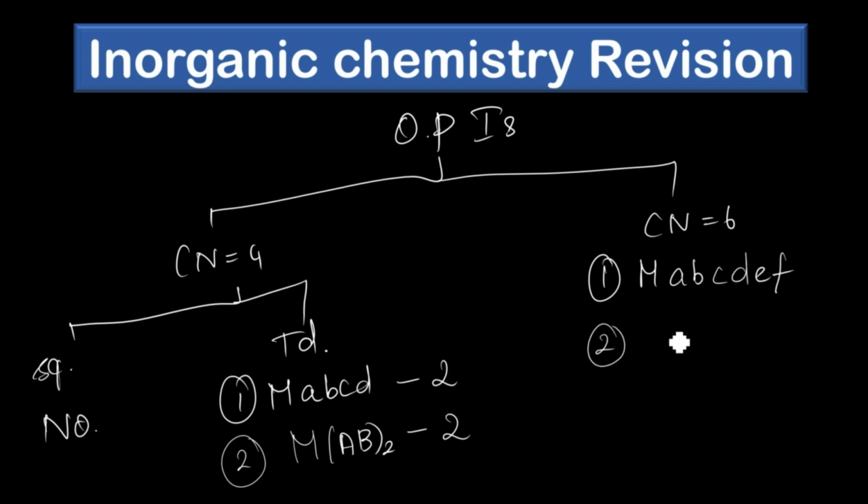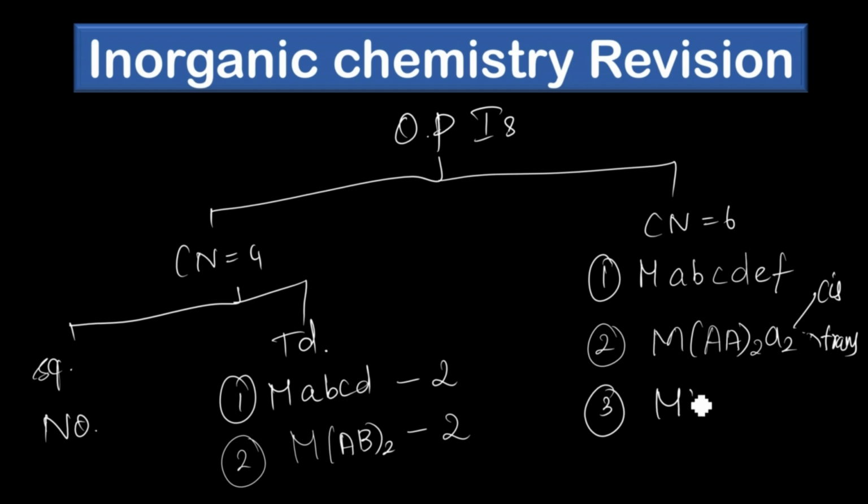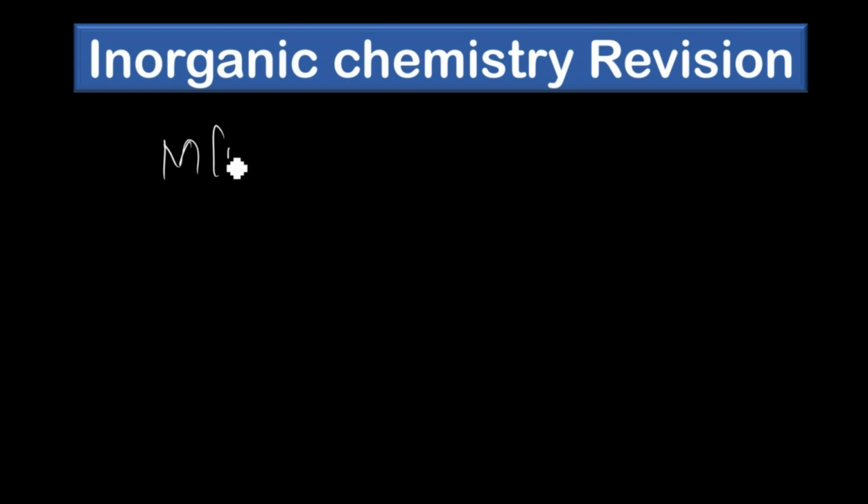The second type, which is a very important type asked in many question papers, MA2B2C2. The important part of this particular type is that it can exhibit cis and trans. Okay. Then the third one, MA3. And one more question can be asked. I told you that type, that is MA2B2C2.